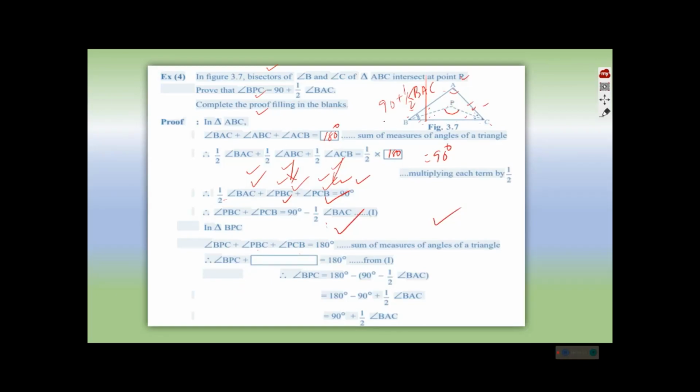Correct? Angle BPC, this angle, plus कौन सा एंगल है हमारे अंदर? What are the angles? PBC and PCB.